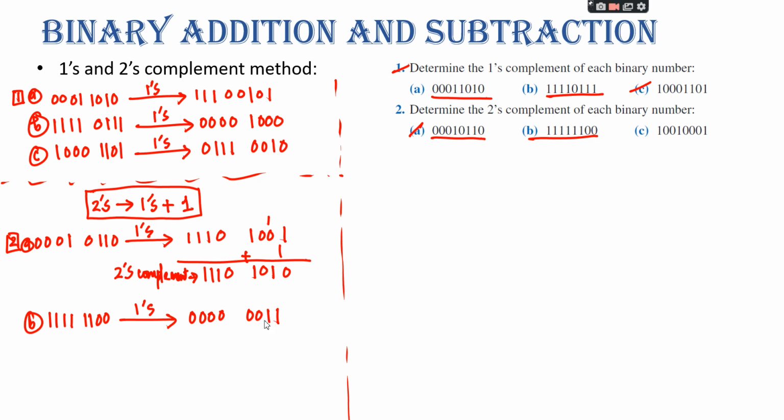That should be the ones complement of this number, and then we have to add 1 with it. So we will get 1 plus 1 gives you 0, and there should be 1 here as a carry. So 1 plus 1 again gives you 0, and you should have 1 carry here. 1 plus 0 gives you 1, and then the rest of the number should be as it is.